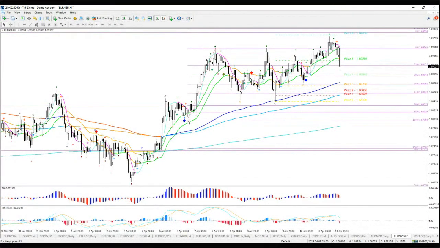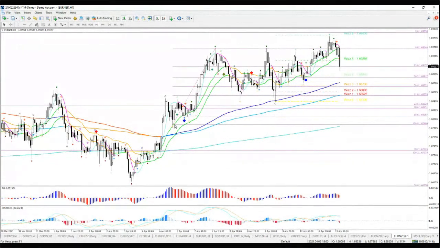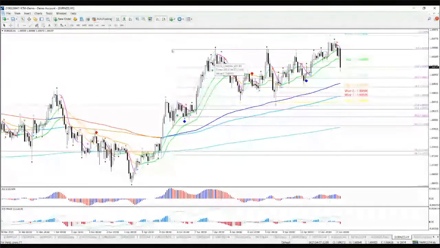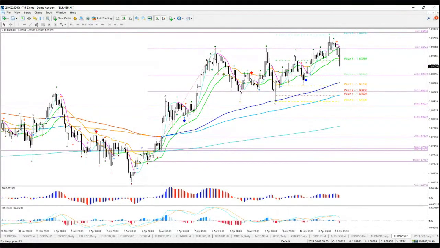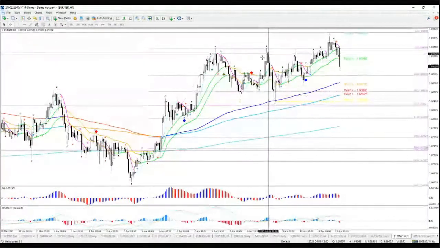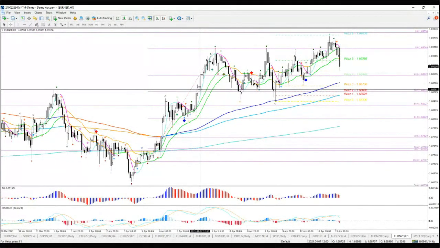Excuse me. Wave 4, respecting 38 and 50 fib and moving up, but not as much retracing. When I did the analysis, I think it was somewhere in here. Yes, the euro New Zealand is moving up.